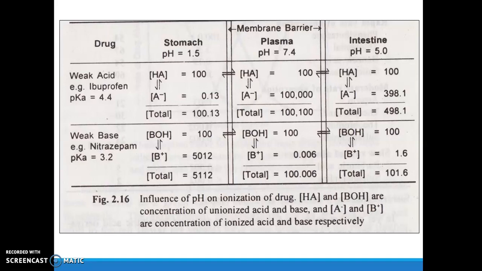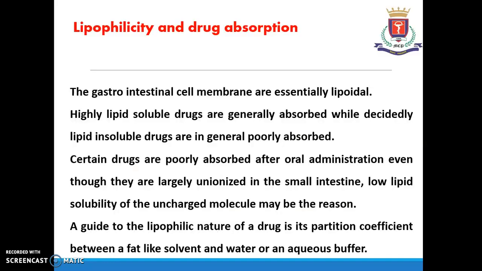For nitrazepam, you can see the ionized form is more at acidic pH than at plasma pH, where the unionized form is more, and in the intestine also because the pH is in the range of 5. So you can understand the extent of ionization with respect to the pH, and the unionized form is very important for better absorption.